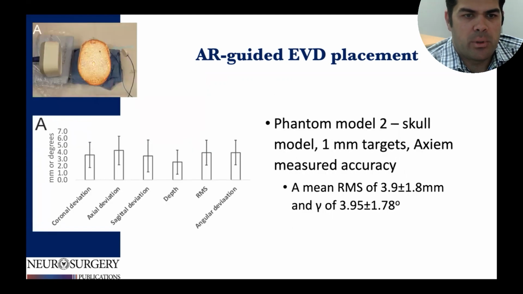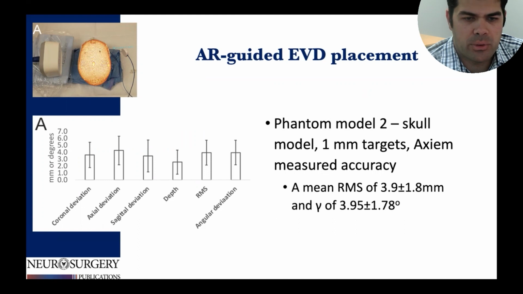And then we looked at, well, how accurate is this using Axiom and reproducible? We found that with Axiom, you had a mean error of approximately 3.9 millimeters and angular error of 3.95 degrees. This is using the root mean square calculation as detailed in our study. And we looked at the differences in accuracy and noted that the Axiom system has its own internal inaccuracy that you essentially have to add to the system.